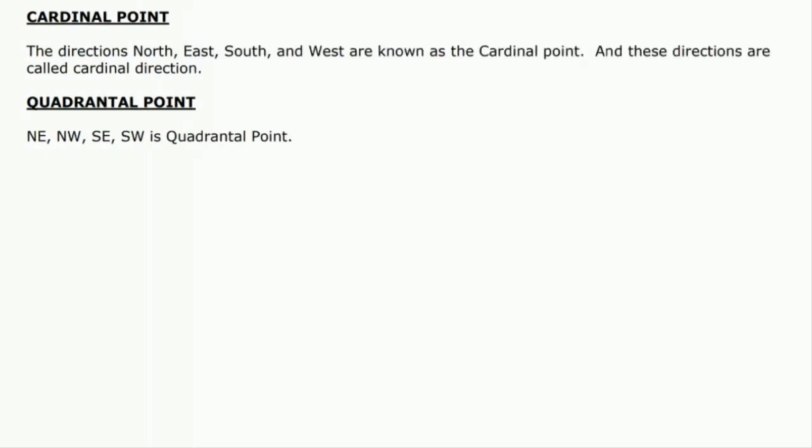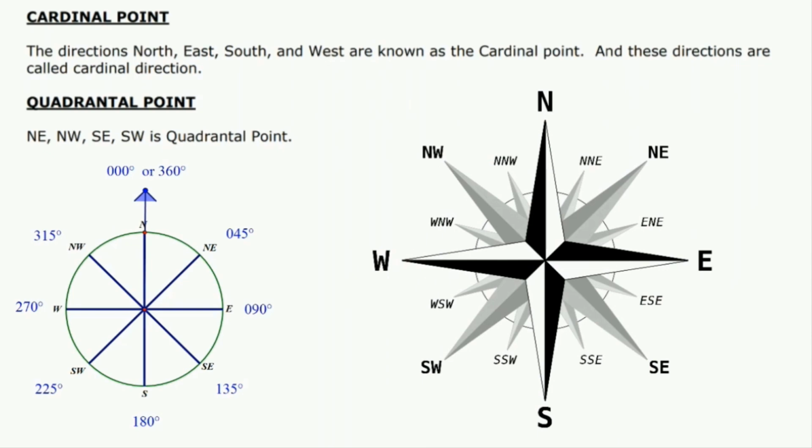Cardinal points. The directions north, east, south and west are known as cardinal points, and these directions are called cardinal directions. Here you can see in the picture, this is north, east, south and west.